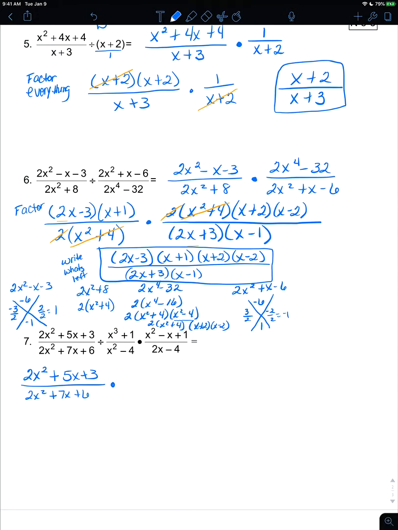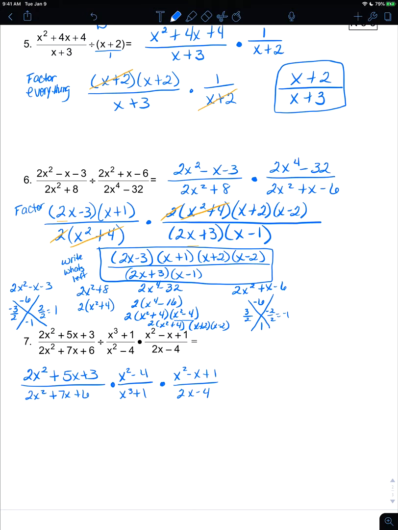Now times, I've got to flip this one, x squared minus 4 over x cubed plus 1 times, we're not going to flip this one because it's not division, it's still multiplication. So we're going to rewrite it the exact way. Okay, so we've written it as a total multiplication problem.